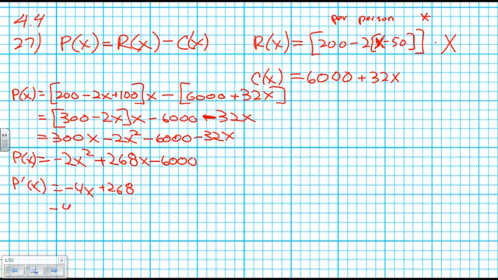What happens when we set that equal to 0? 268 is equal to 4x. Let's divide both sides by 4, and we get x is equal to 67.